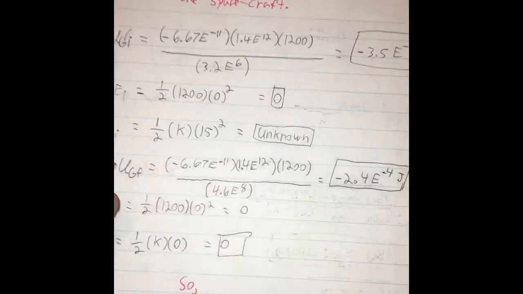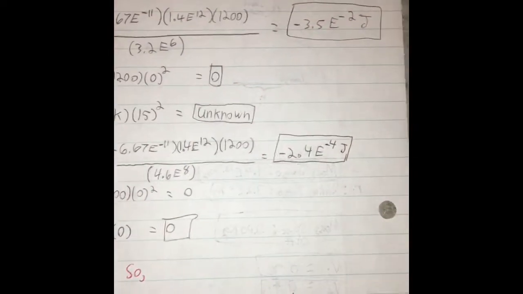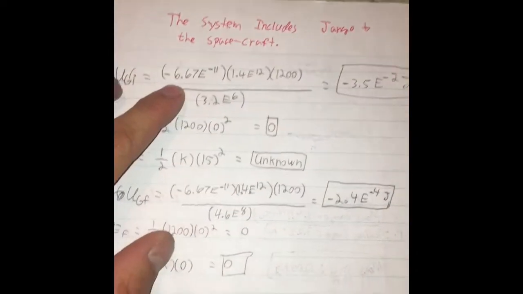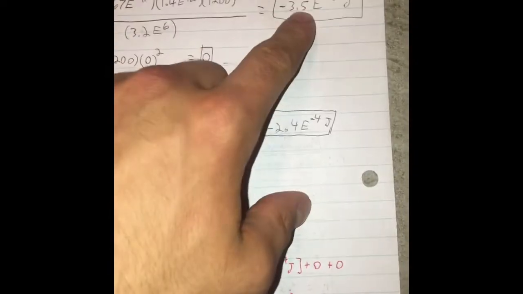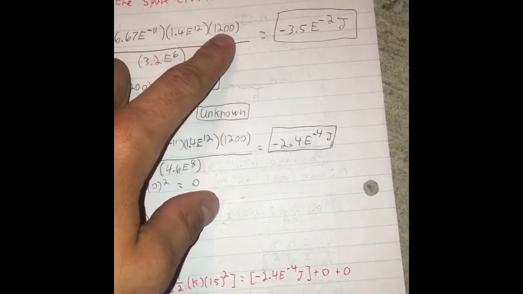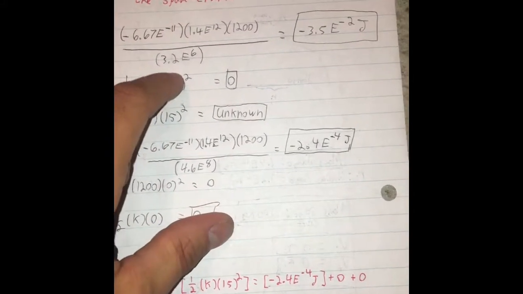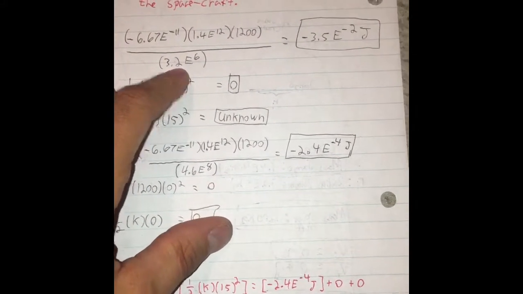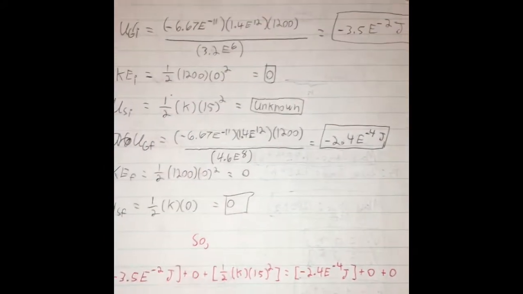Alright, so for the potential energy of gravity initially at rest on the planet, we're going to use the constant G to get us our result with the mass of the planet times the mass of the spacecraft all multiplied together divided by the radius of the planet, which is going to be our distance from the center of Jango to the center of the spacecraft.